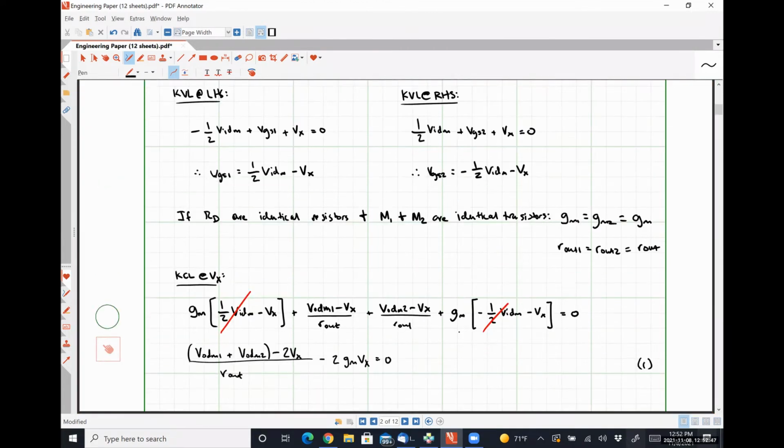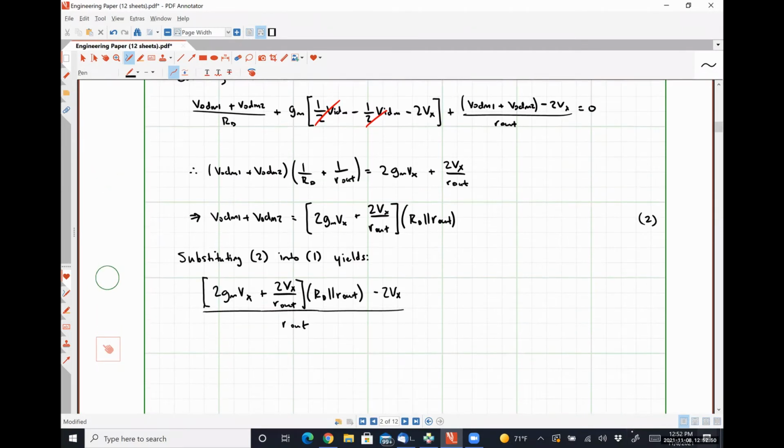And then minus 2 GMVx. And from this guy, I have a single equation only in terms of Vx. So what does Vx have to be? It has to be 0, right? Because every single term has a Vx component. So a whole bunch of stuff multiplied by Vx equals 0 means Vx has to be 0.